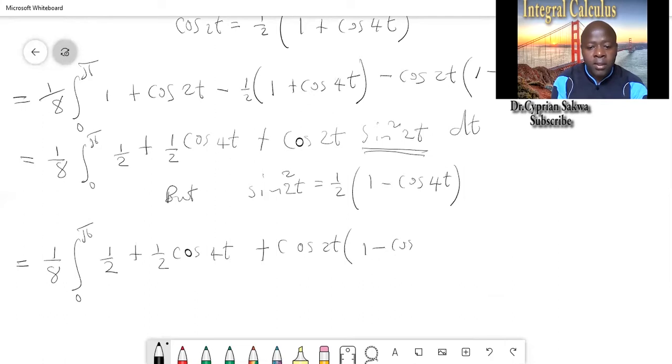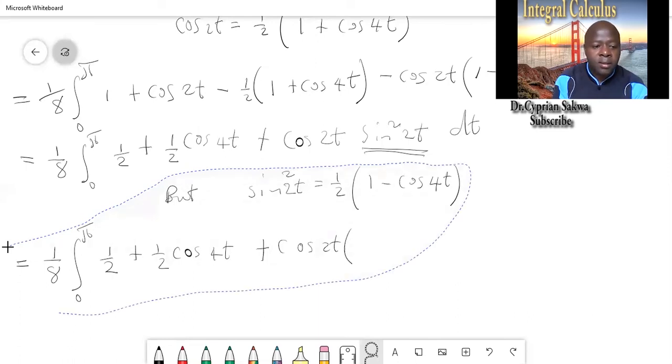Now this one you don't even need to change. You can just integrate it the way it is.